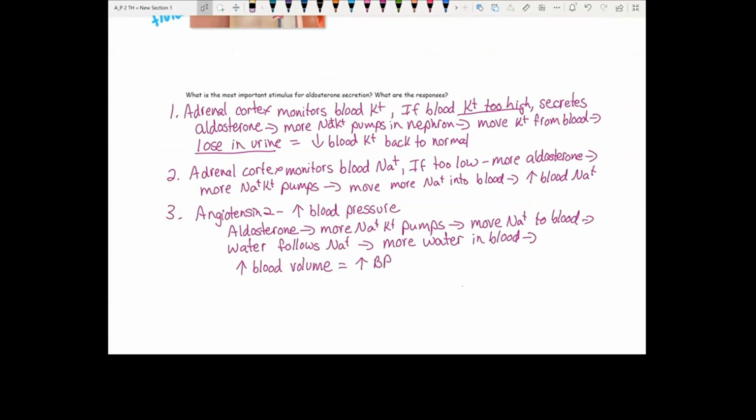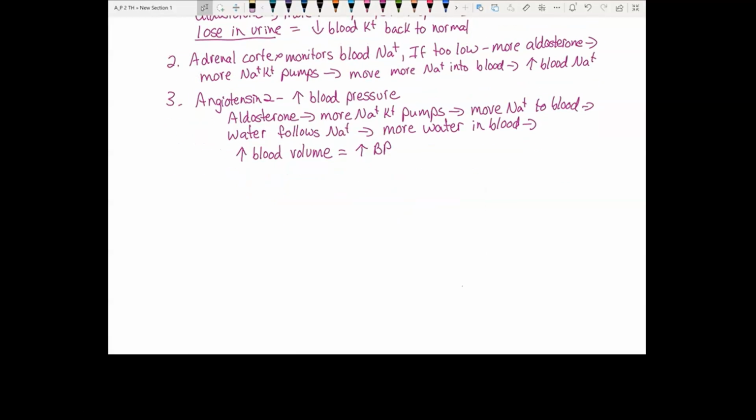Of these three, the most important one is the potassium. And we'll go over this more in chapter 25, but just for now, we'll say that potassium is the most dangerous imbalance. If you have the wrong amount of potassium in your blood, if it goes out of homeostasis, you will have cardiac arrest.